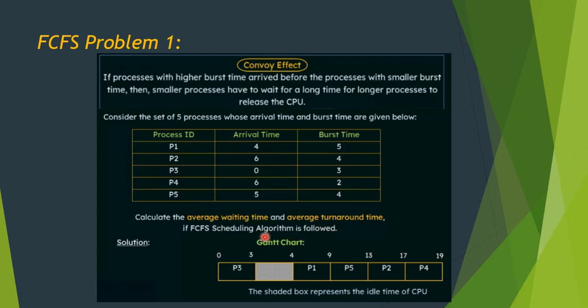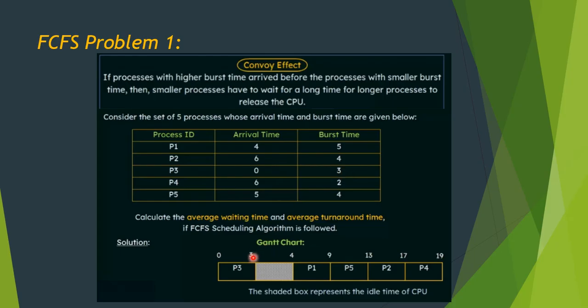So now, if we're to draw the Gantt chart for this diagram, there's something we note here. The first process to arrive was process 3. If you look at the arrival time, it came at 0. So from 0, process 3 uses the CPU for a time of 3 milliseconds.